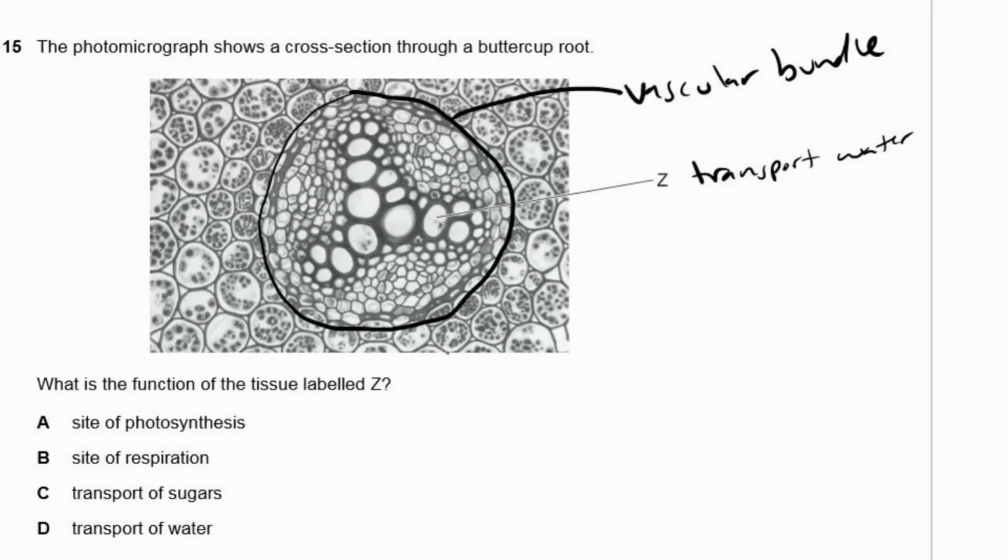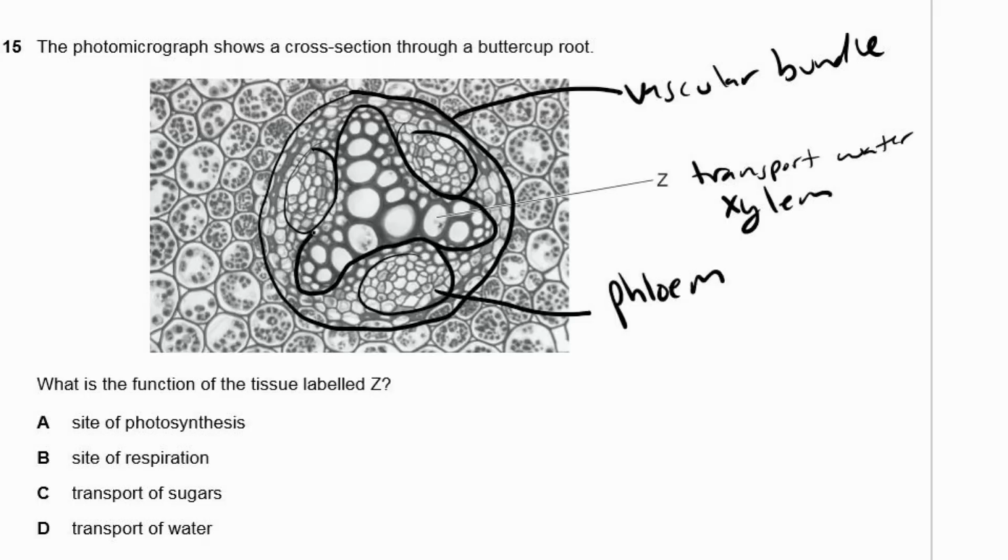All right, the small vessels, so these are the xylem. And so these bits in between here, those three sections there, they would be the phloem to transport sugars. Okay, so the middle section here, this little shape there, that is to transport water and xylem.